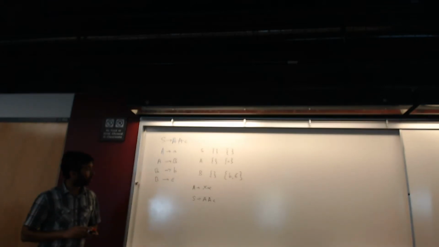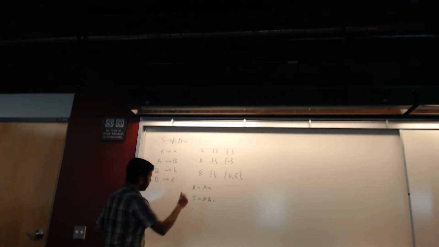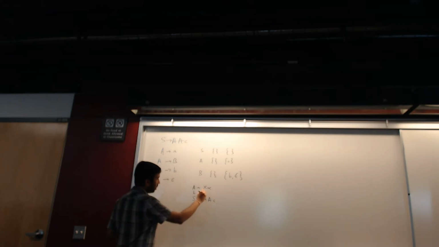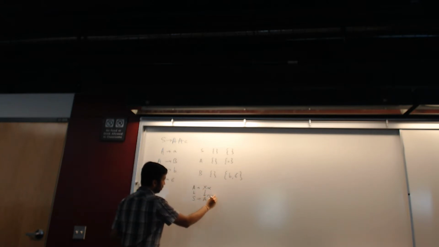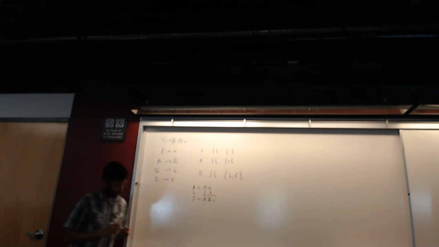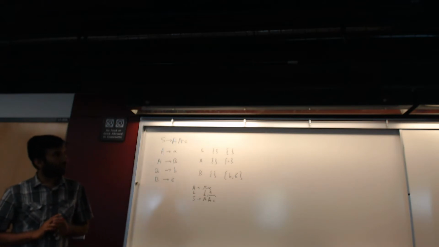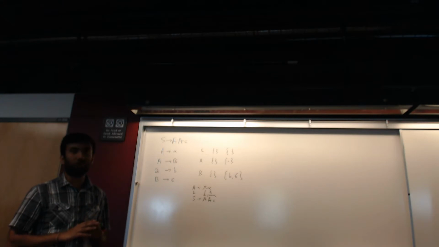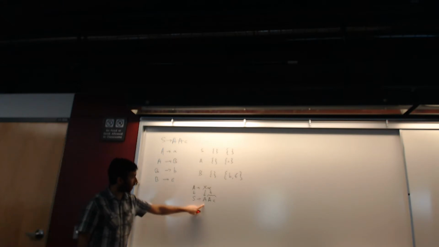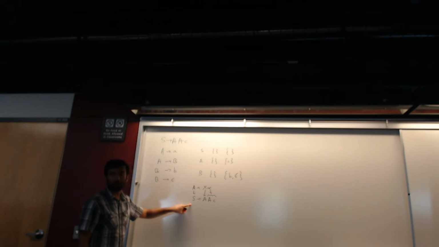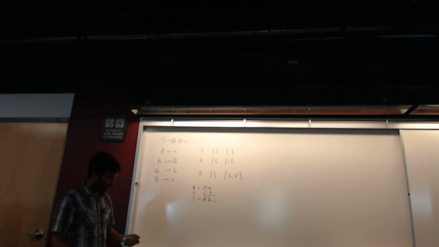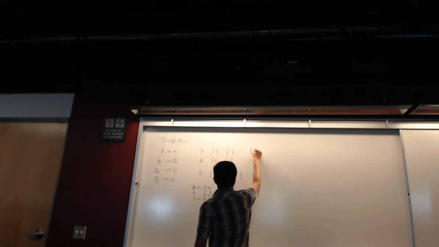So now we say that A is S. X is A. Alpha is this AC. So now what does the rule say? You take first of X minus epsilon, add it to first of A, which means you take first of A minus epsilon, add it to first of S. So first of A is A, does not have epsilon, so you cannot really delete epsilon, but you add it to S. So S now has A.